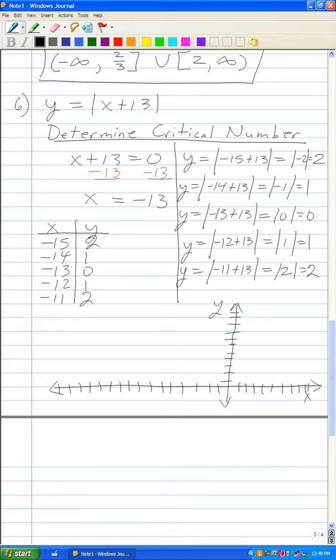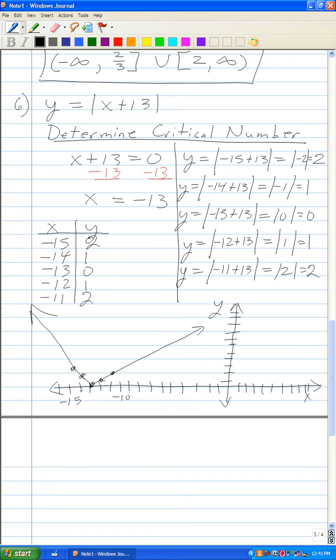So at negative 12, 1, 2, 3, 4, 5, 6, 7, 8, 9, 10, 11, 12, 13, 14, 15. So we're, well, be 13. So 0, so something like that.